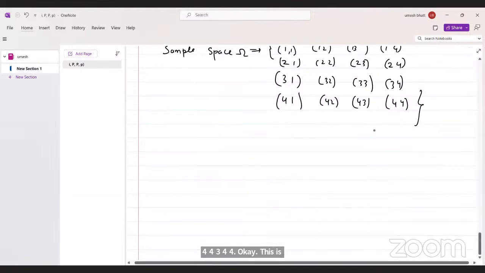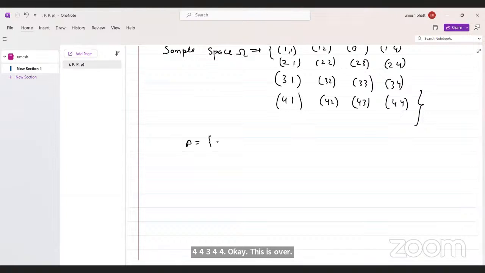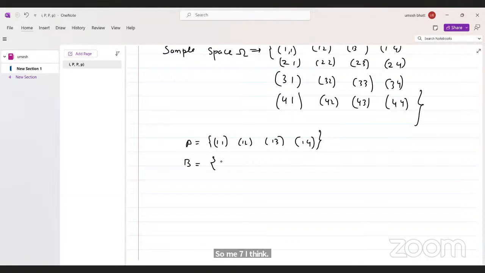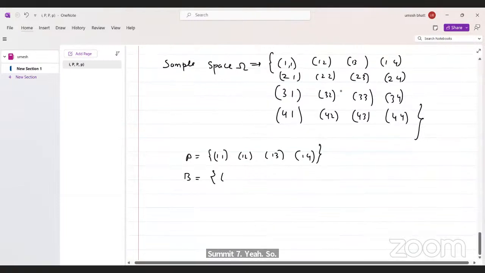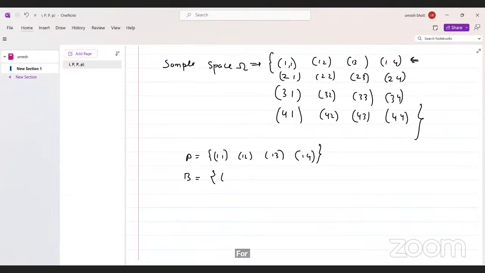Now, what is event A? First roll of the die is 1. So A is 1,1; 1,2; 1,3; 1,4. What is B? Sum is 7. In the other cases, if I sum these numbers, I can't get 7.